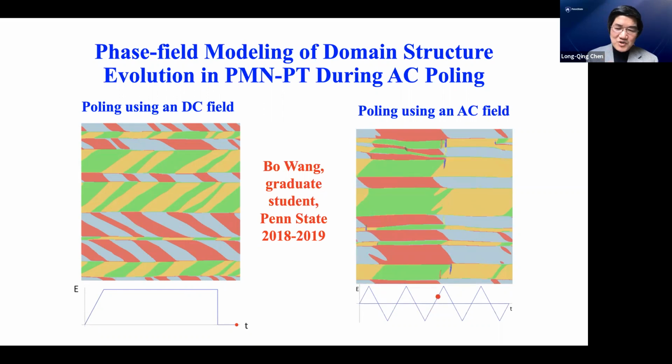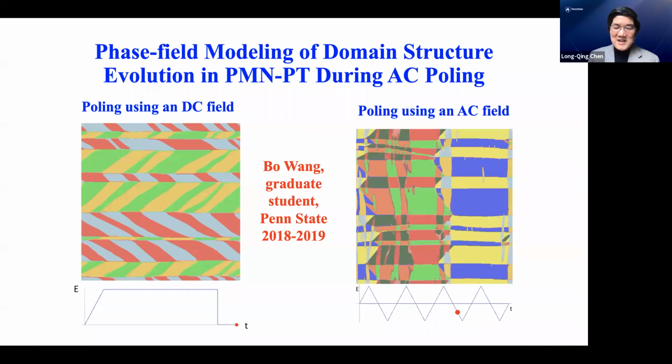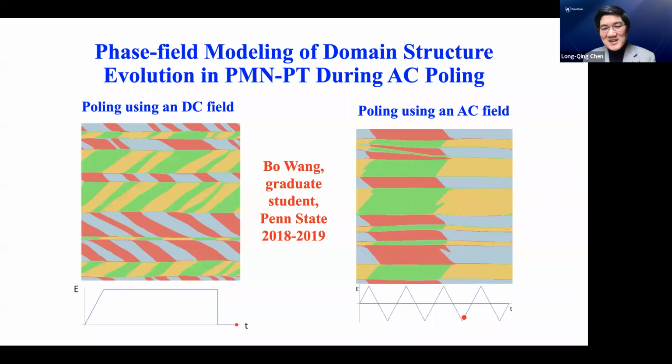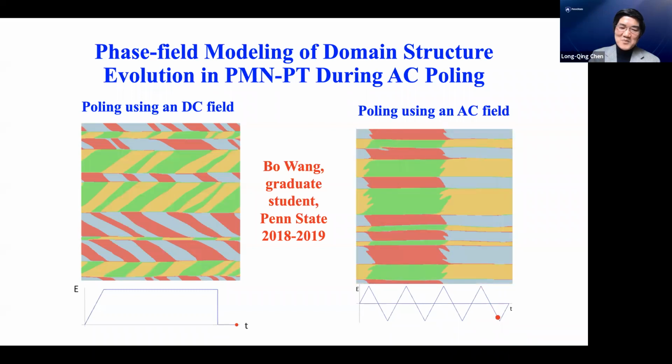We chose the composition of the crystal in such a way that the ferroelectric state is rhombohedral. Now on the right-hand side, this animation shows what happens as we go through this alternating electrical field going back and forth: you keep going through nucleation and growth, back and forth.